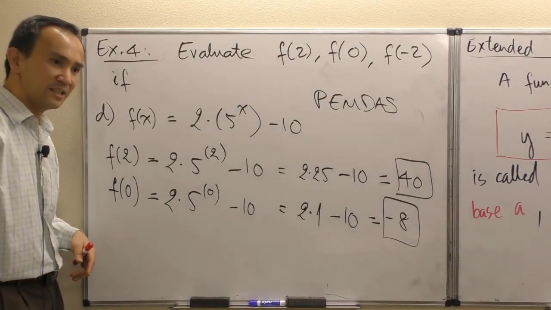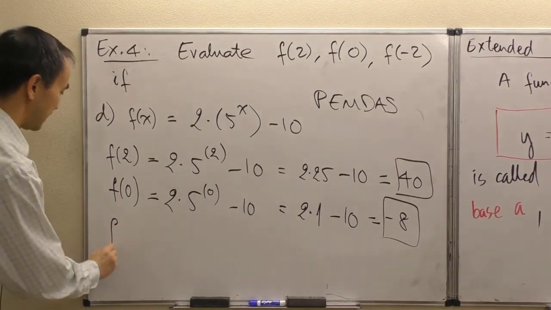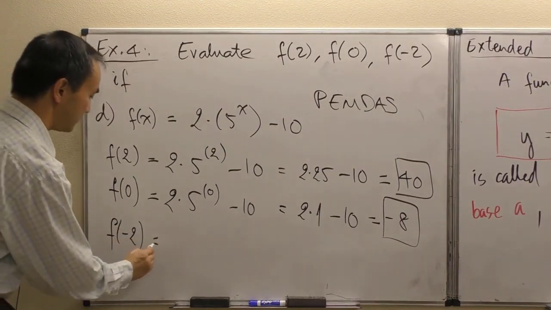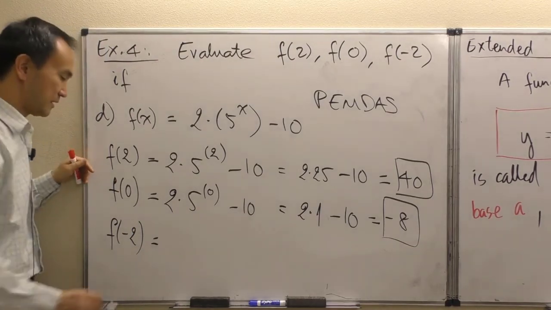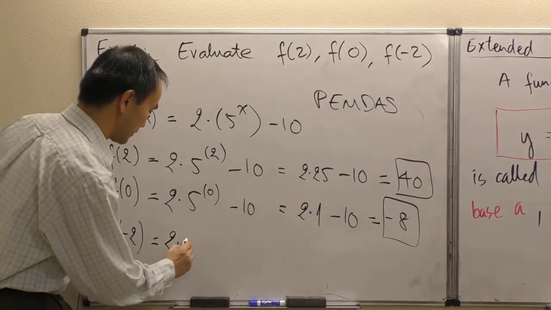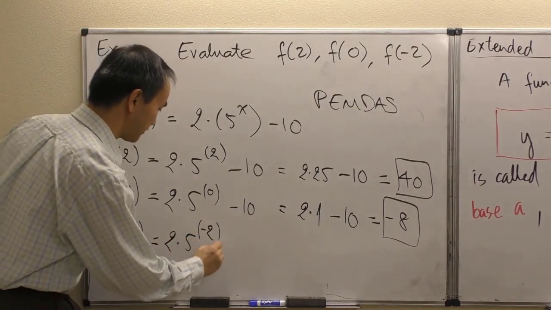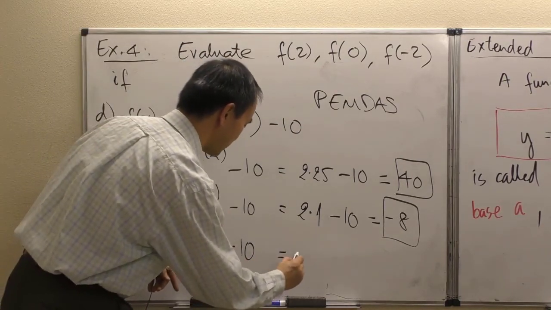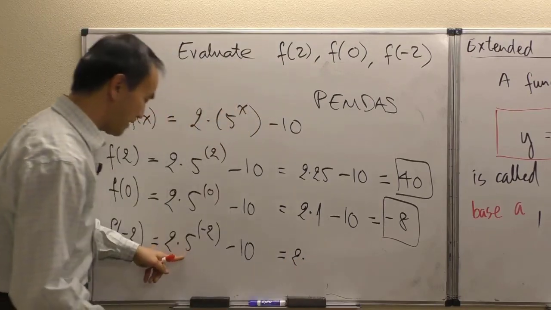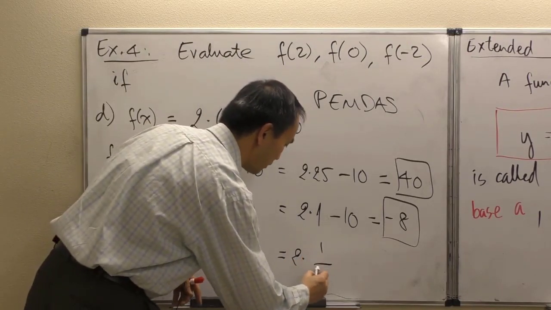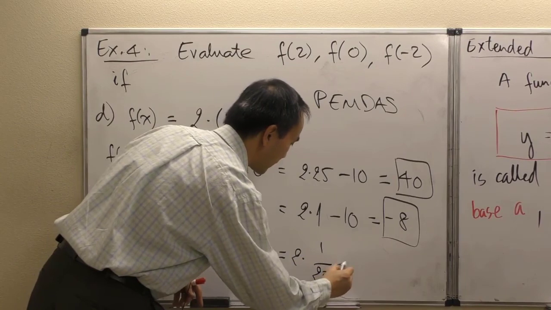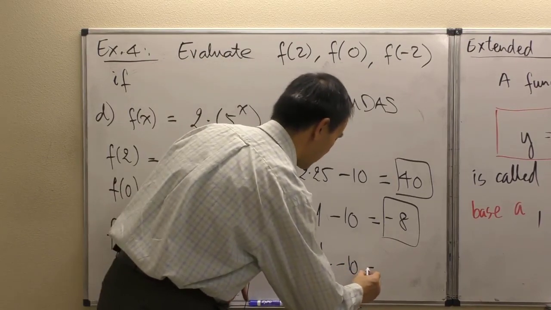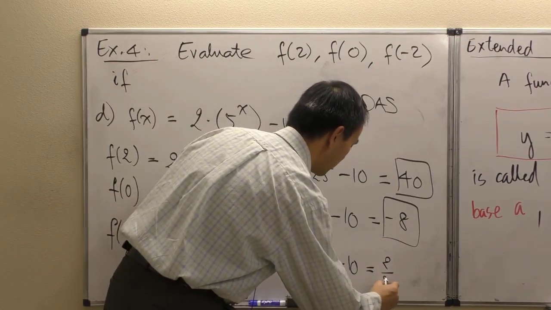And then for the next one, f of negative 2. Just like that, 2 times 5 to the negative 2 power minus 10. That gives me 2 times 5 to the negative 2, which is the same as 1 over 25, and then minus 10. So now I'm looking at 2 over 25 minus 10.